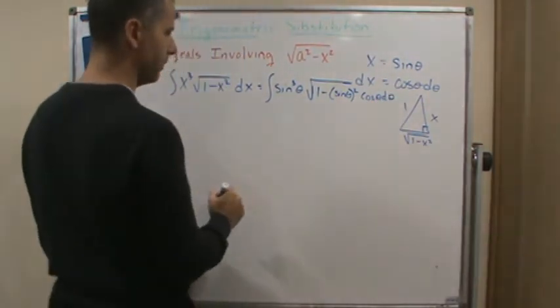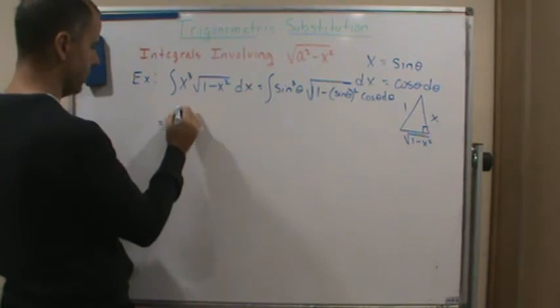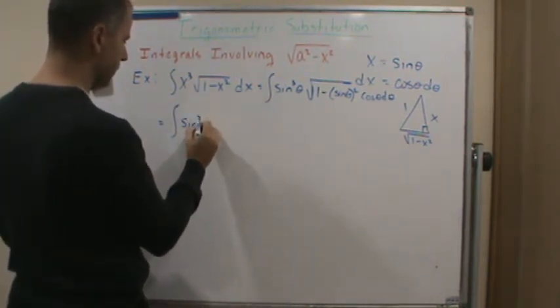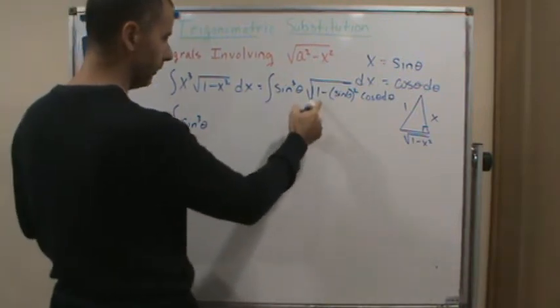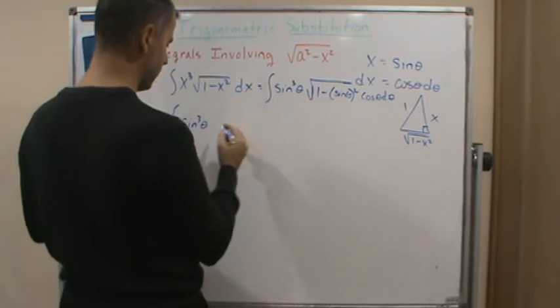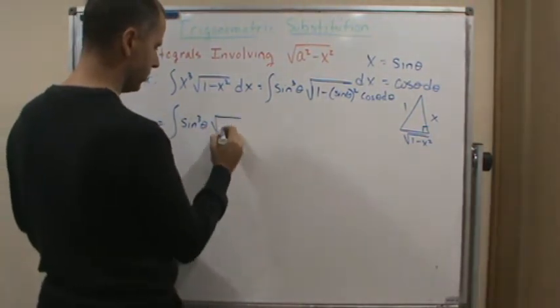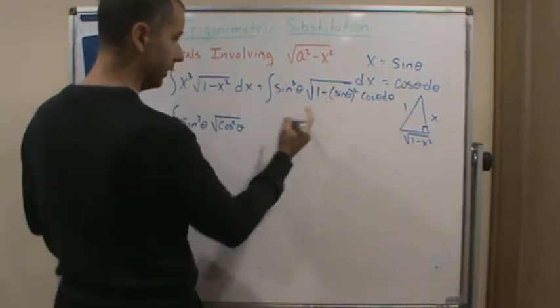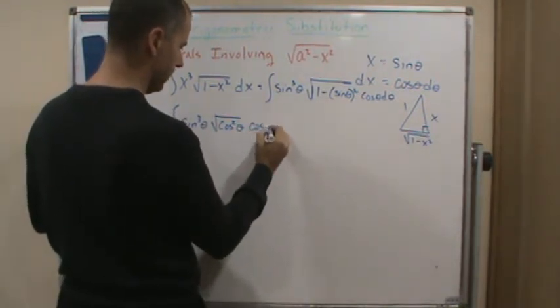So I get this. And now notice that this is going to simplify very nicely. So I get sine cubed theta. This here is just 1 minus sine squared theta, which is just cosine squared theta. So this is going to be the square root of cosine squared theta, and I get cosine theta d theta.